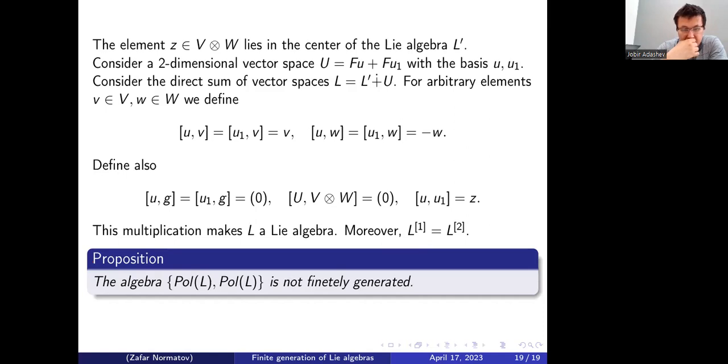The same method can be used to show that the commutator of the universal enveloping algebra is also not finitely generated. So that's it.